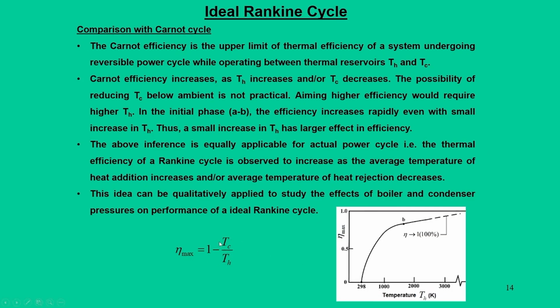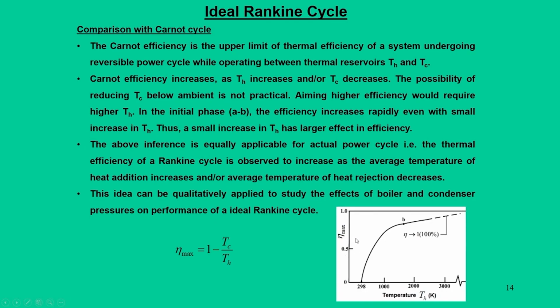Reducing Tc is not possible, because the lower limit is fixed by atmospheric conditions, but increasing Th is possible. If you plot the efficiency versus Th for a given Tc, we get a curve like this, which says that with an increase in Th, that is with an increase in heat addition, the Carnot cycle efficiency goes up.